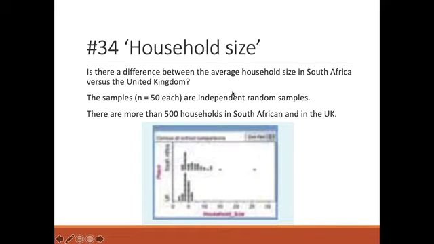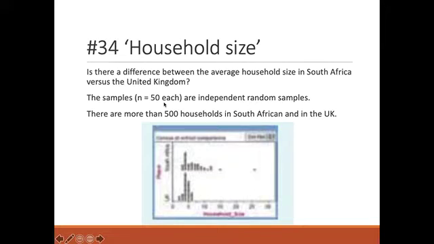So now it's about the normality condition. So again, this is about an average. So this is about means, and the normality condition here is to have a large sample size, a sample size of 30 or more. So these are large samples. They're both samples of size 50. Now I know when you look at the data, you may have outliers in the data from South Africa. That's not really a concern here because the sample sizes are large.